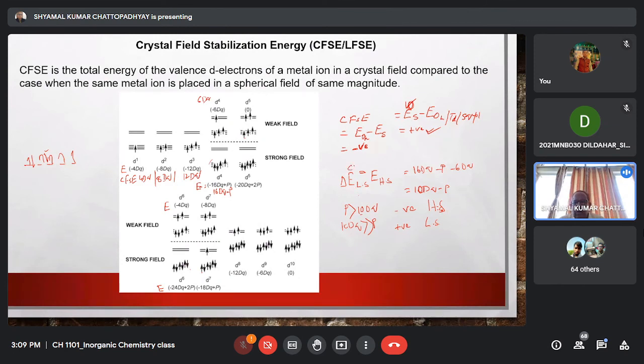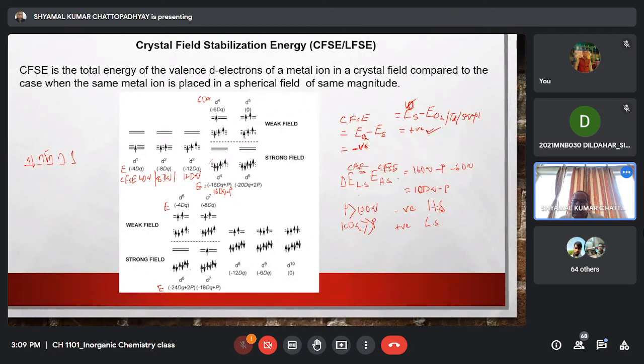This is actually, we are talking about the CFSE, right? We are comparing the CFSE of the high spin and the CFSE of the low spin. So if I take the difference between the CFSE of the low spin and the CFSE of the high spin complex, then if the CFSE of the low spin is greater, and that will be greater when 10 Dq is more than P, then the low spin complex will be more favorable.